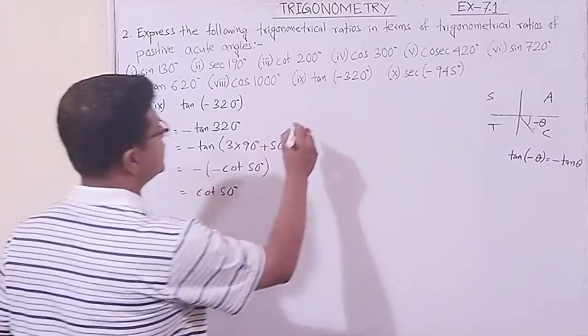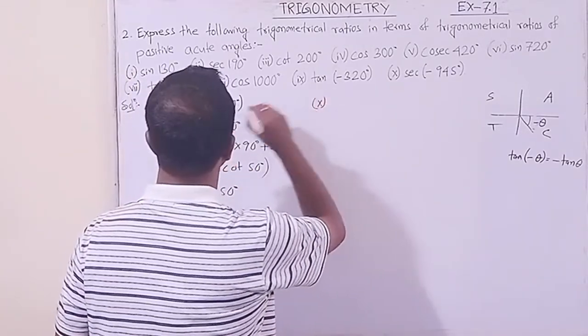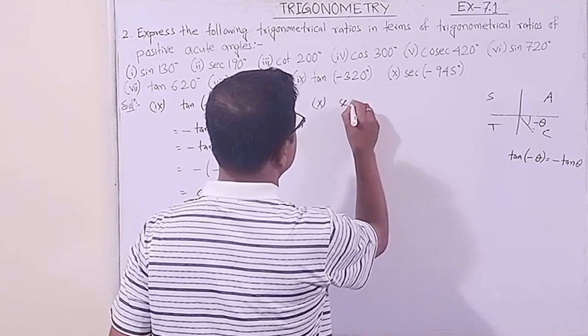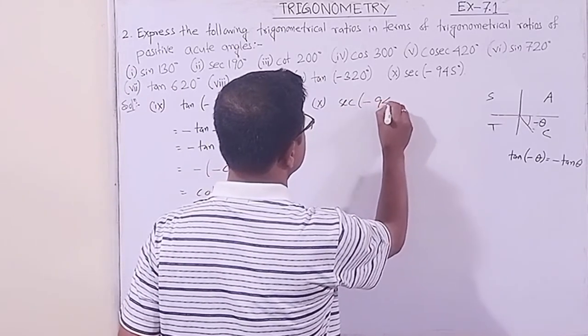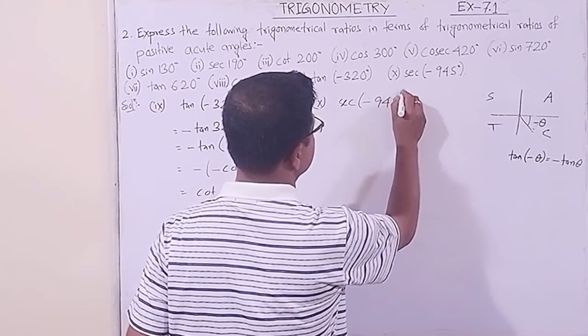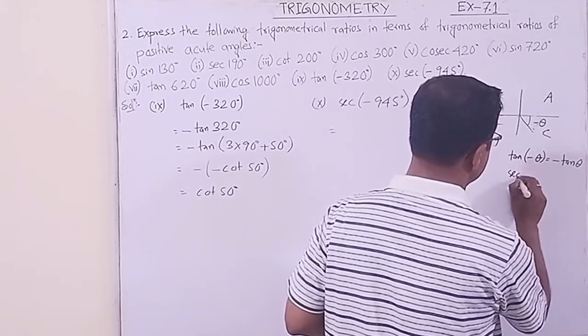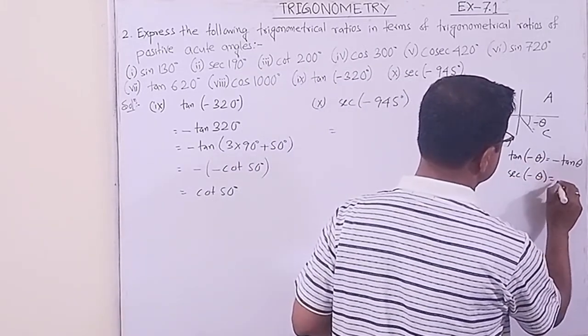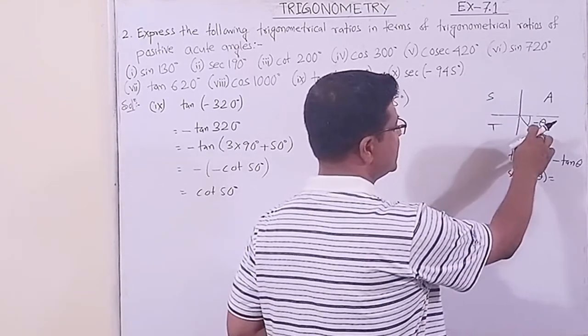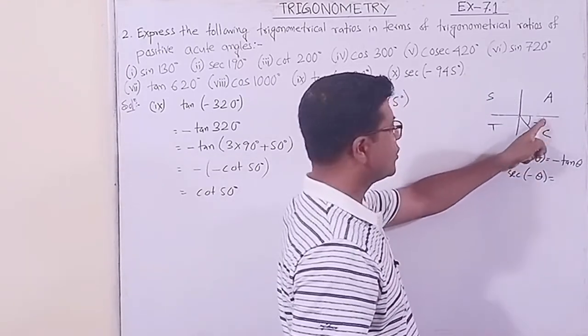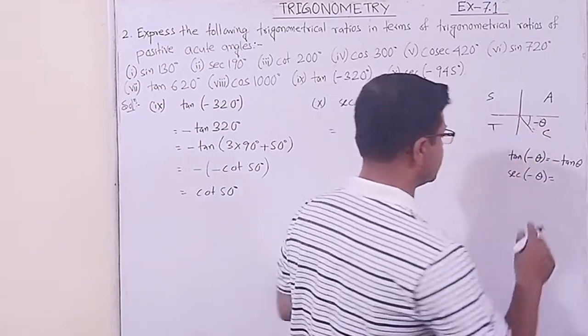Alright, now let us move to number 10, the last one of this. Sec of minus 945 degree. Okay, dear student, you tell me, sec of minus theta is how much? Plus or minus? In the fourth quadrant, cos and sec are positive.